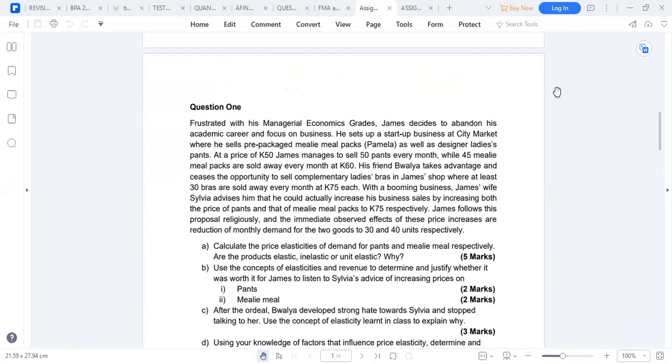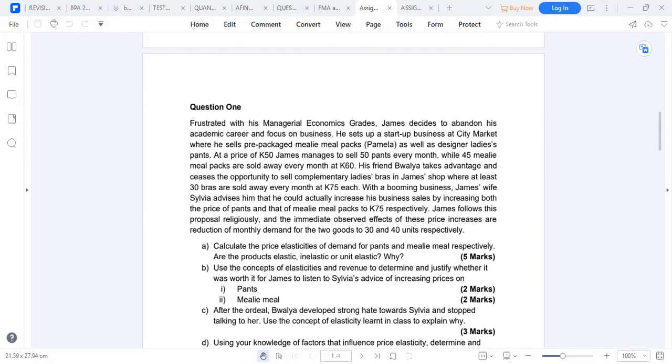So for us to understand question 1, first of all, we need to comprehend the concepts of elasticity. We'll start with what is elasticity, why is elasticity important, and what types of elasticity do we have. We also want to appreciate elasticity in its applicability.